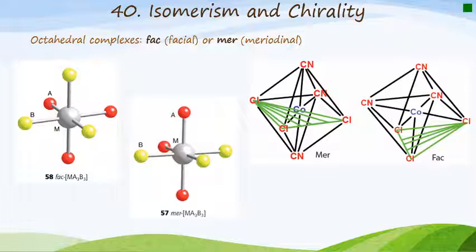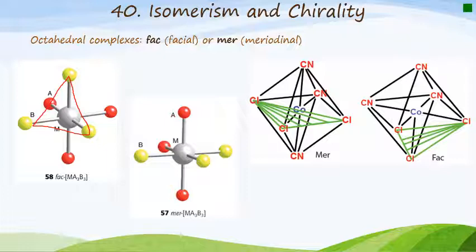The facial isomer we designate as FAC, F-A-C, and you can see that if we look at the yellow atoms here and here and here, they form a face of one of the sides of an octahedron, and the meridional will form a triangle through the center.